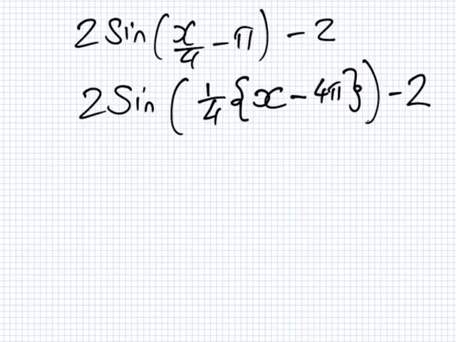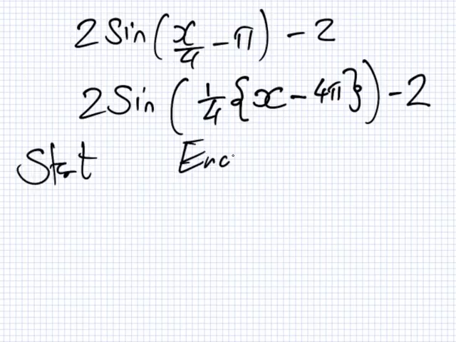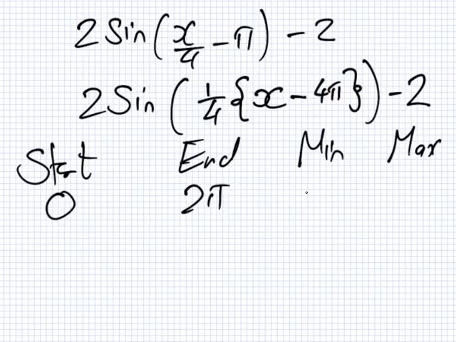No, remember pi means multiply here, so we got it right by accident. Okay, so if I take the quarter out, I get this. Right, so now let's do it. Start, end, min, and max. So it starts at 0, it ends at 2 pi, the minimum is minus 1 and the maximum is 1. What does the 2 do?